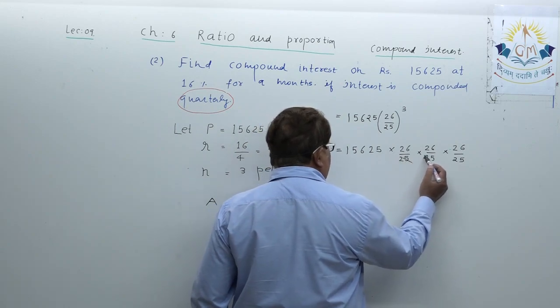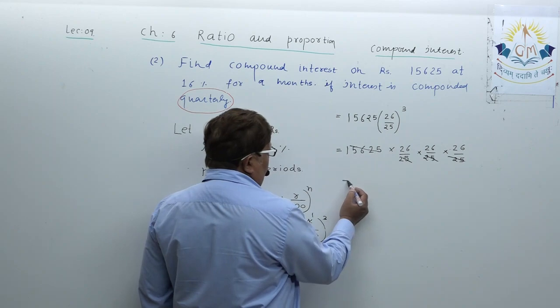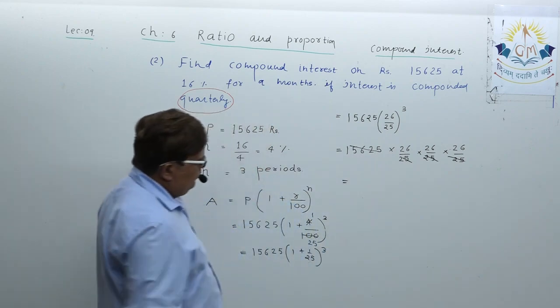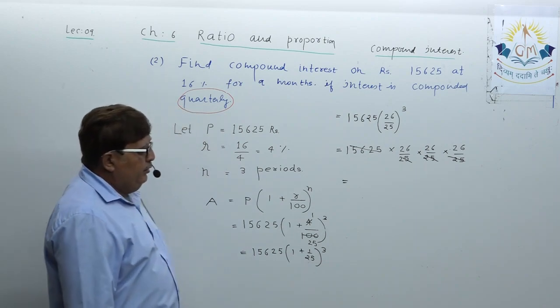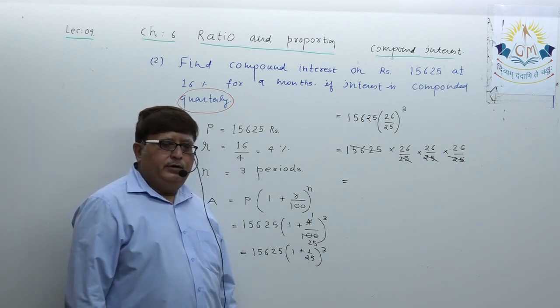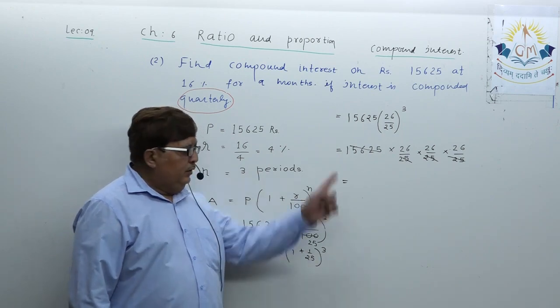Directly you can cancel it. Okay. So what is left in the numerator? 26 into 26 into 26.